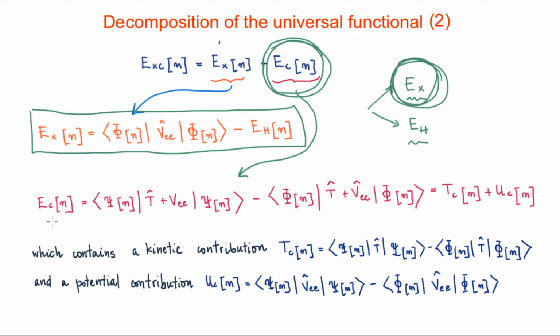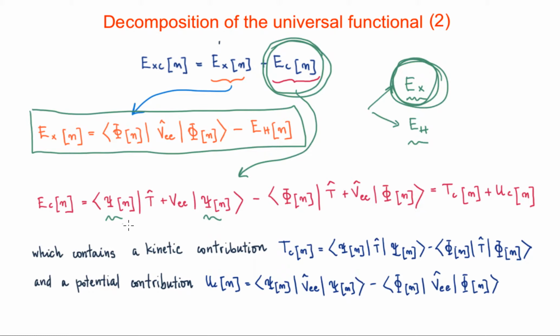So basically the correlation energy is defined this way: it is the average of the kinetic energy of the electrons and the electron-electron potential energy when we use the exact wave function of the real system. That will be the exact wave function of the real system, so this one will of course give the exact energy.